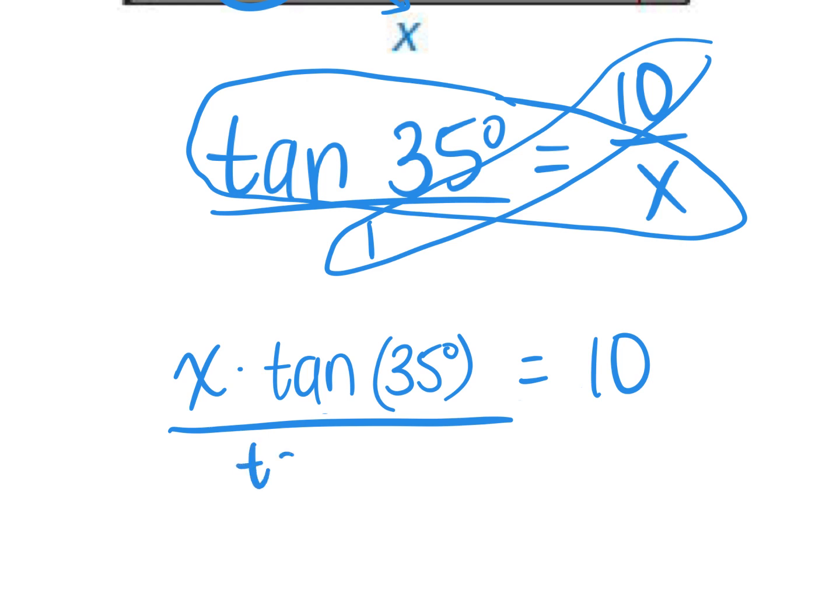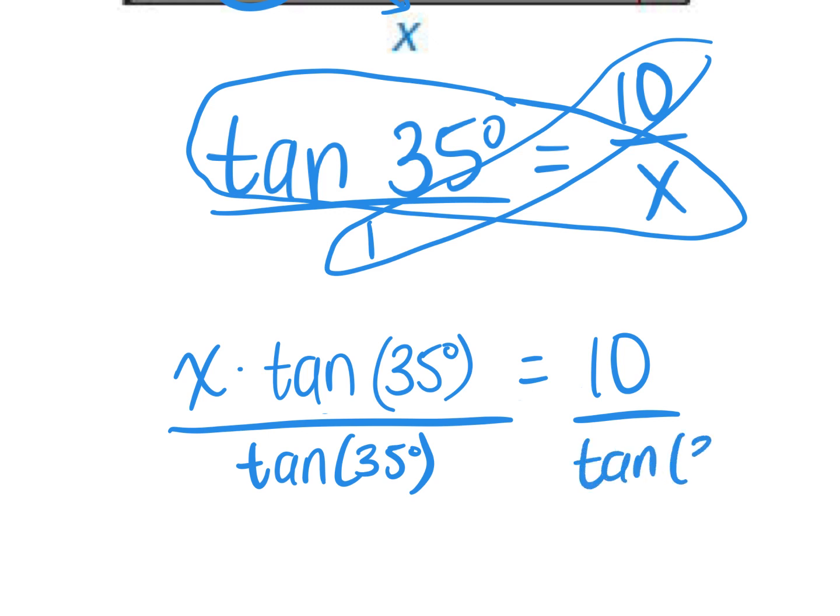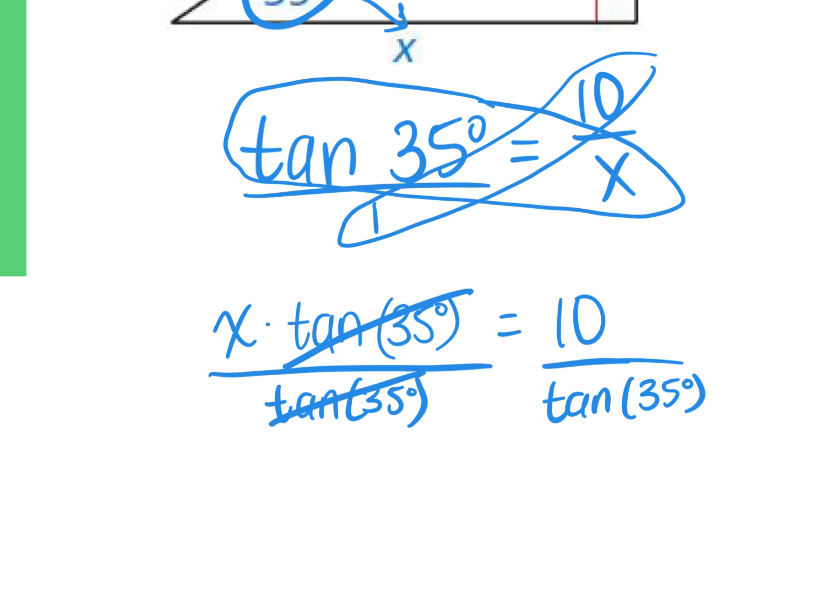So we're going to divide by the tangent of 35 degrees to both sides. Boom, cancels, boom, cancels. So we just have what on the left-hand side? X equals 10 over the tangent.